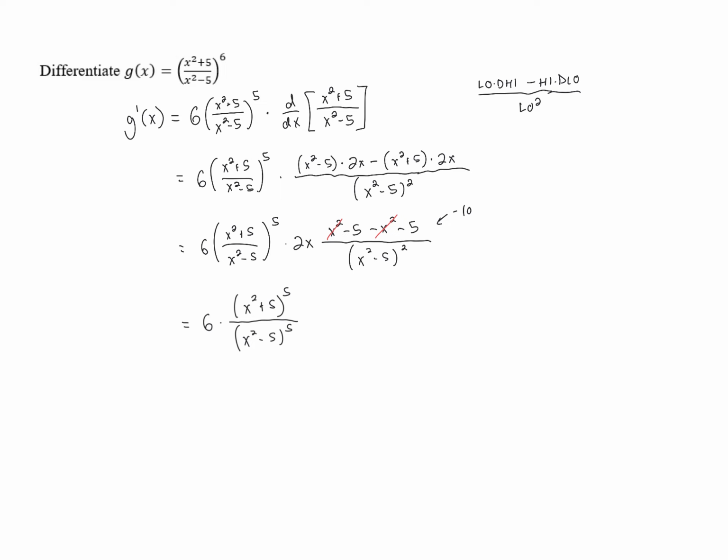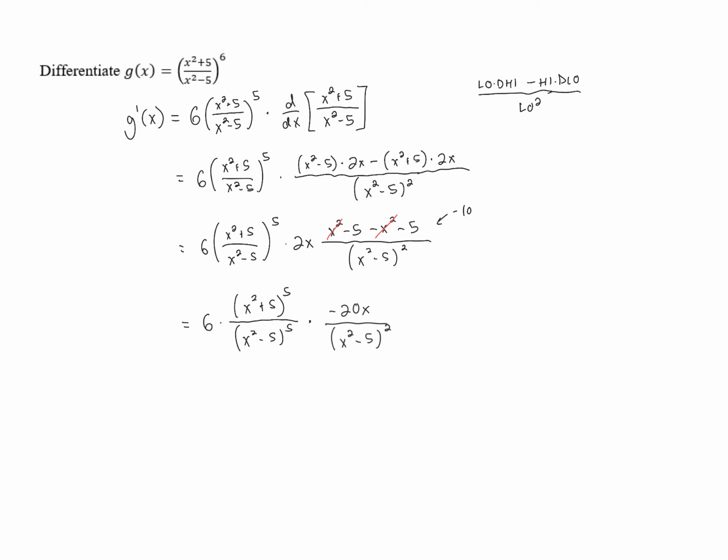If you don't see why I'm doing that right now, you will see in just a moment. And then times, now the right-hand bit, we've got that 2x out front, and it's being multiplied by negative 10 in the numerator. So that's going to be negative 20x up top. And then in the bottom, we've got x squared minus 5, quantity squared.